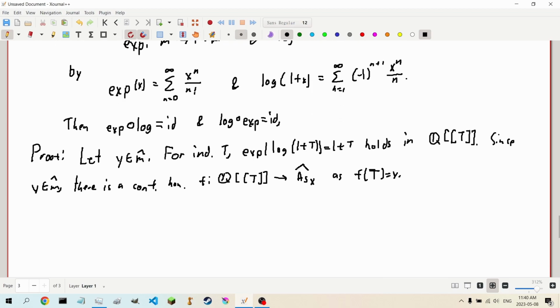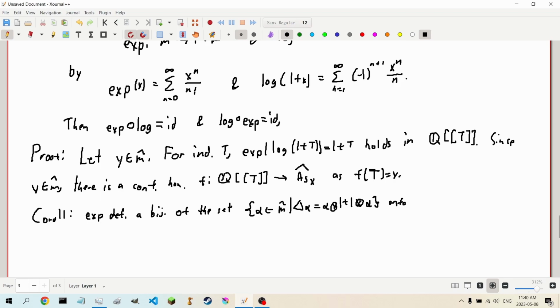And this theorem has a corollary, of course, that the exponential map defines a bijection of the set of alpha in M hat, where alpha is primitive, onto the set of beta in 1 plus M hat with delta of beta equal to beta tensor beta.